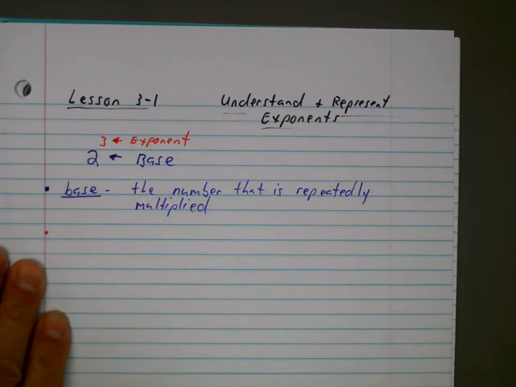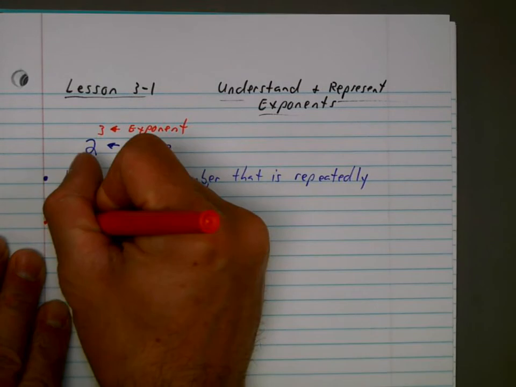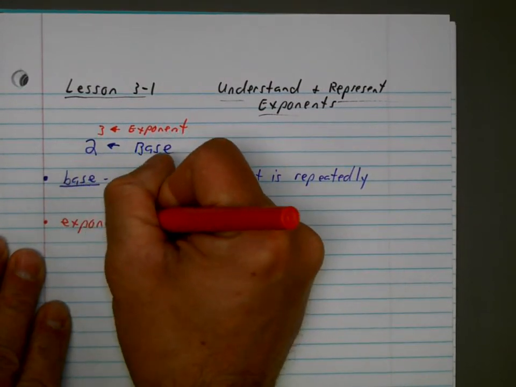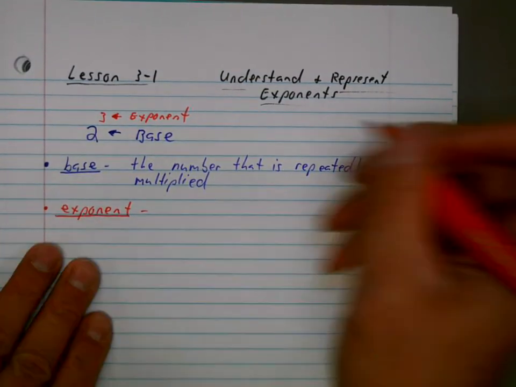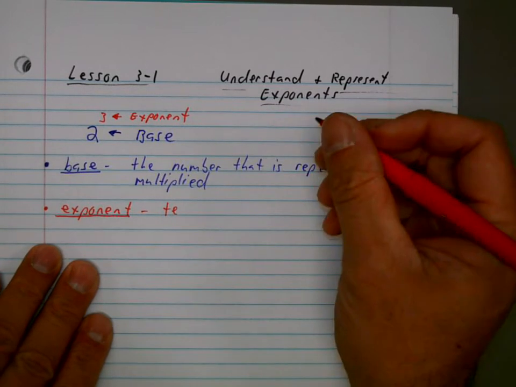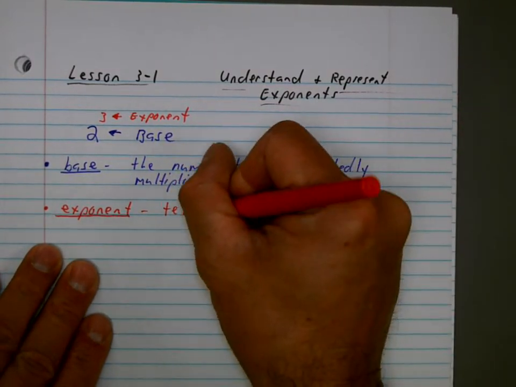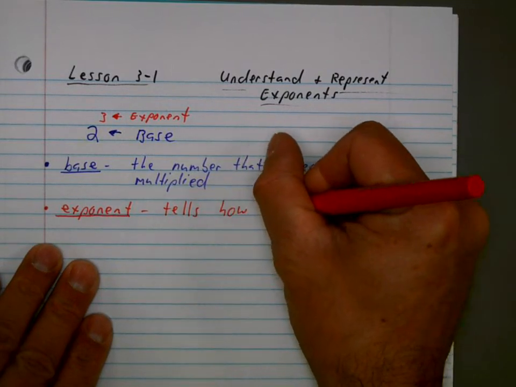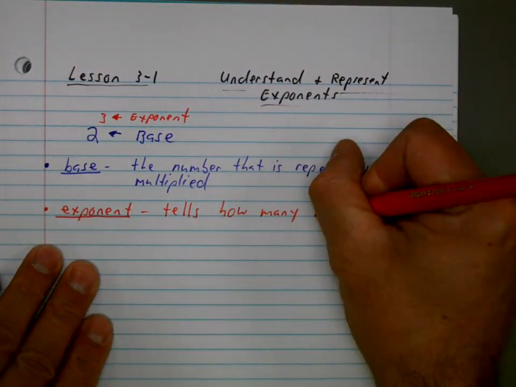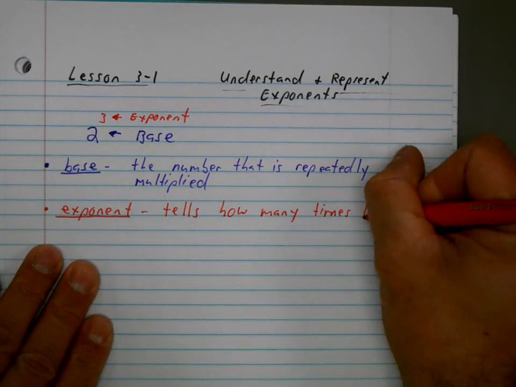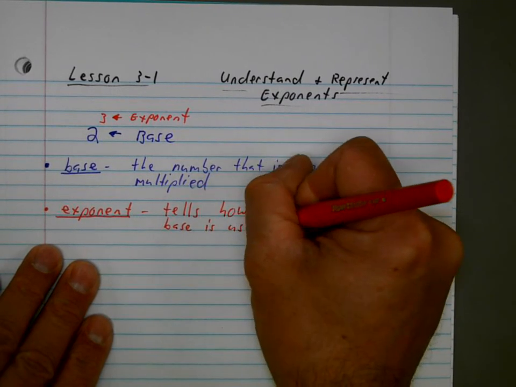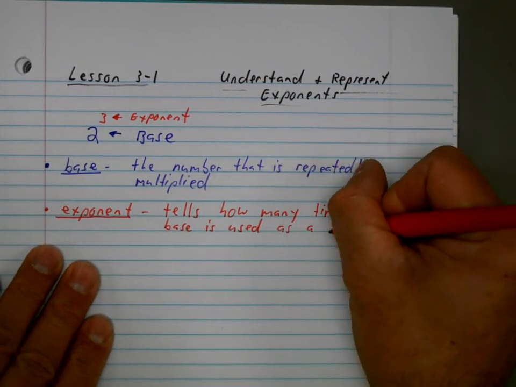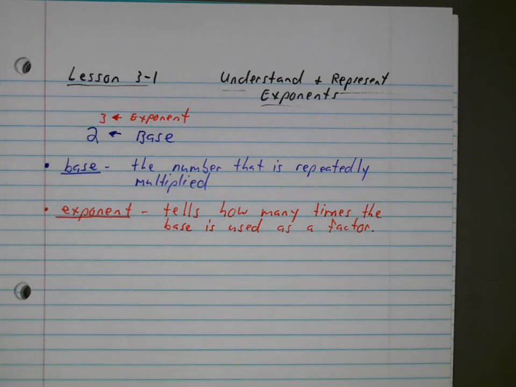Skip down here, and we'll have the next word, which is exponent. And the exponent tells how many times the base is used as a factor.